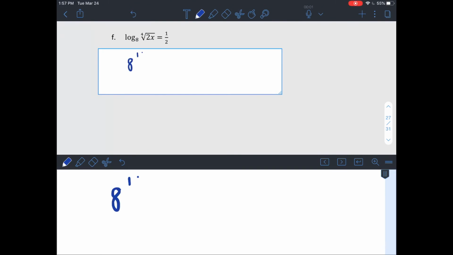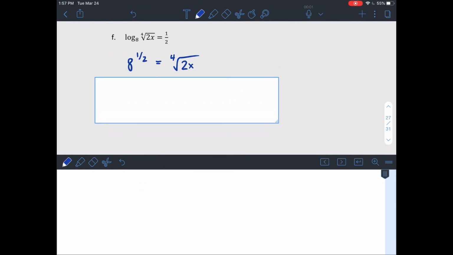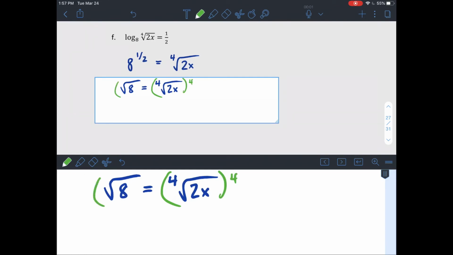So you could switch this to exponential form and have 8 to the 1/2 equals the 4th root of 2x. 8 to the 1/2 is just the square root of 8. So let's make that square root of 8. And then if you think about solving for x, you're going to need to take both sides to the 4th power. Square root of 8 to the 4th power is square root 8 times itself 4 times.